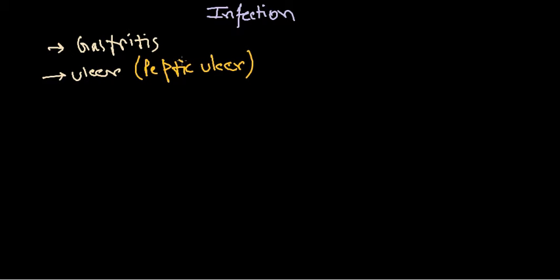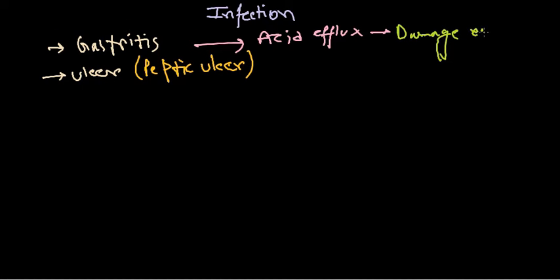And in a disease like gastritis, as a result of this kind of infection, acid efflux takes place. Acid efflux. Now, this kind of acid efflux can damage the esophagus, right?